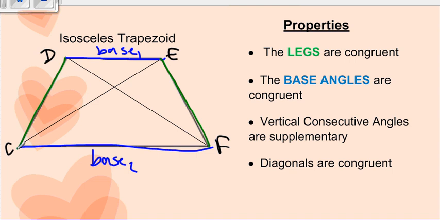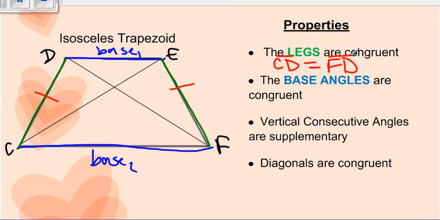But what's special about these legs is that they are actually going to be congruent to one another. Okay, and remember, if they're congruent, it means that they're equal. So side CD is equal to side FD. Okay, they'll actually be equal to one another.